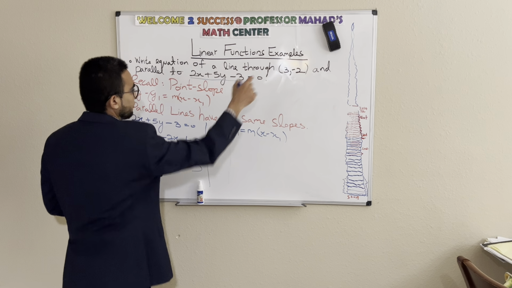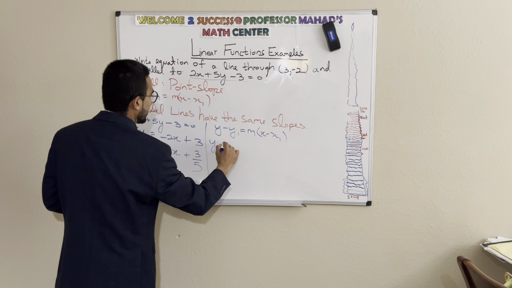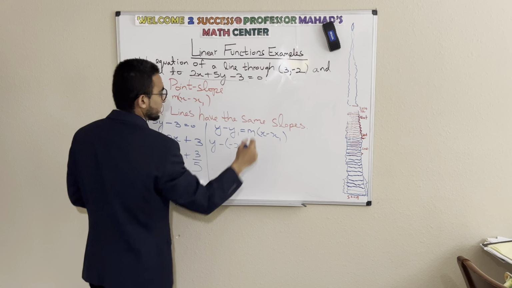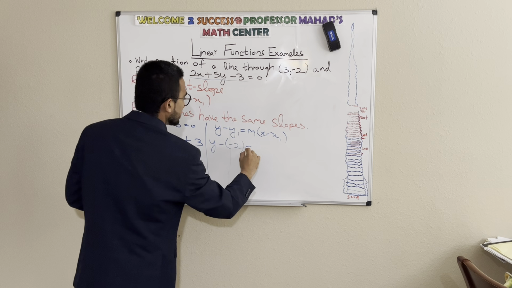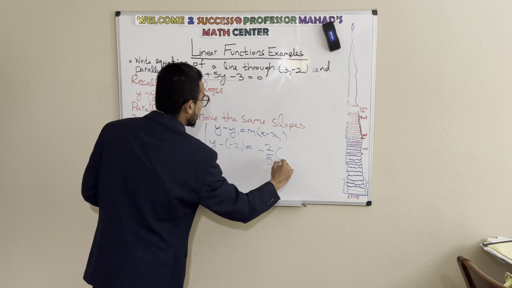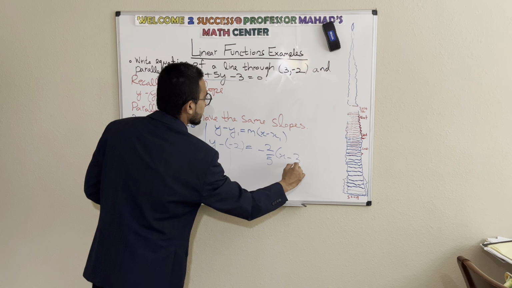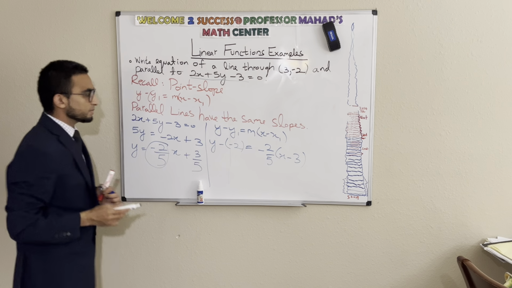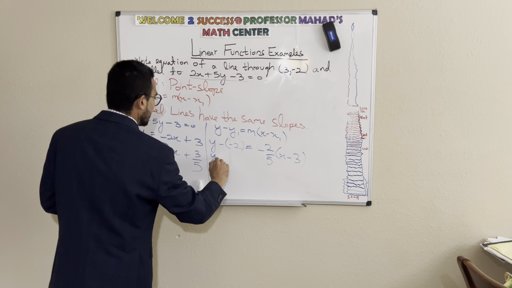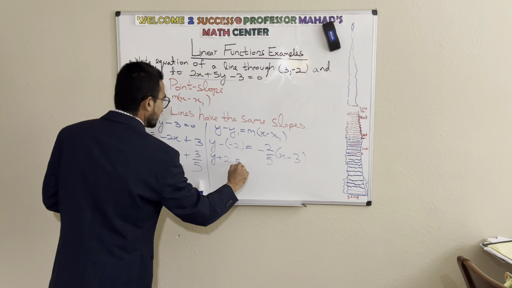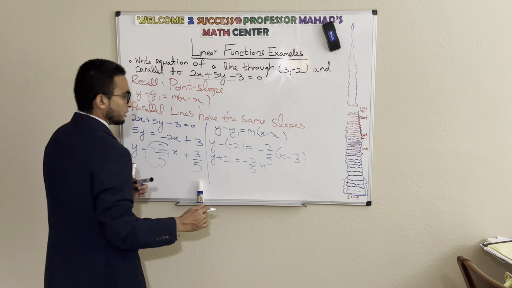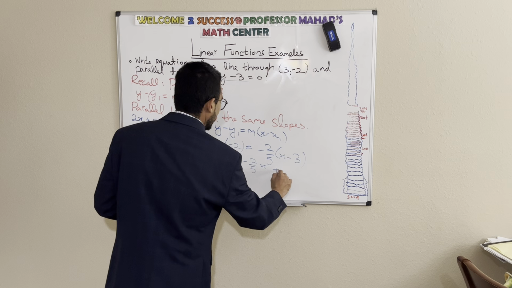So we have y minus 2. Our y1 is -2, right? Is equal to, what is our gradient? -2/5 times x minus, our x1 is 3. So we have y plus 2 is equal to -2/5 x plus 6/5.